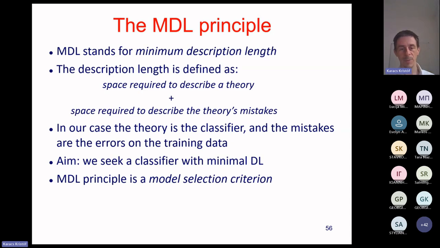If you describe both of them, add the two numbers and try to minimize this quantity, this will basically guide you to the model that you can expect to perform well on unseen data, basically unseen samples.